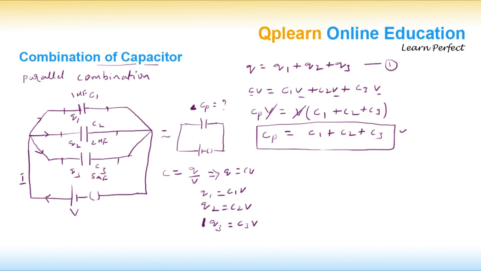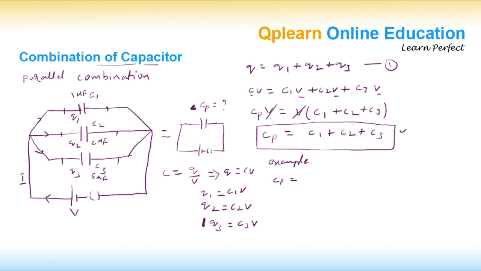Clear? Now I want to take one small example. I will substitute the values: C1 is 1 microfarad, C2 is 2 microfarad and C3 is 5 microfarad in the above formula.